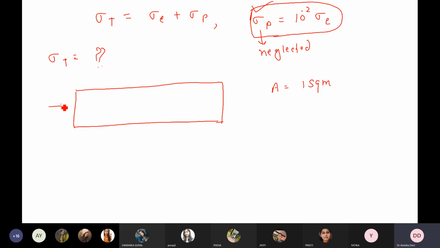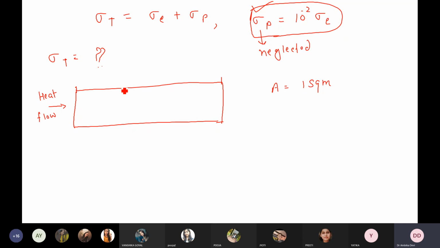That means that we are supplying heat from one end, such that there is a temperature difference between one end and the other end, right? So this means that we have established a temperature gradient.